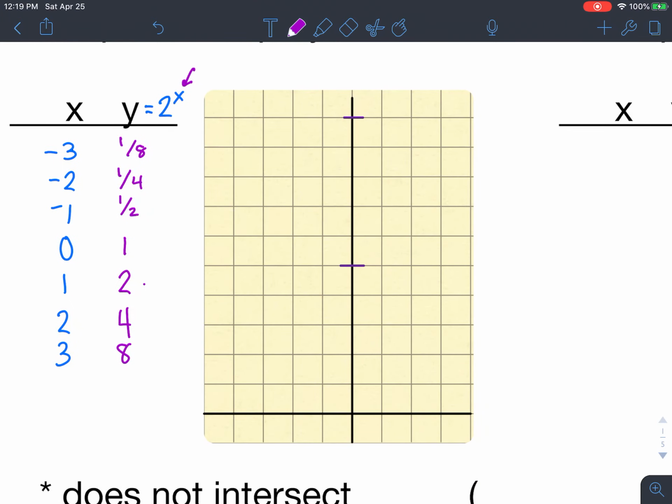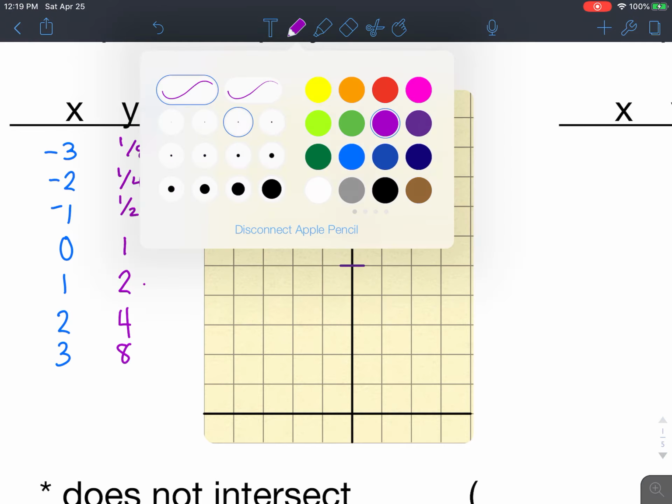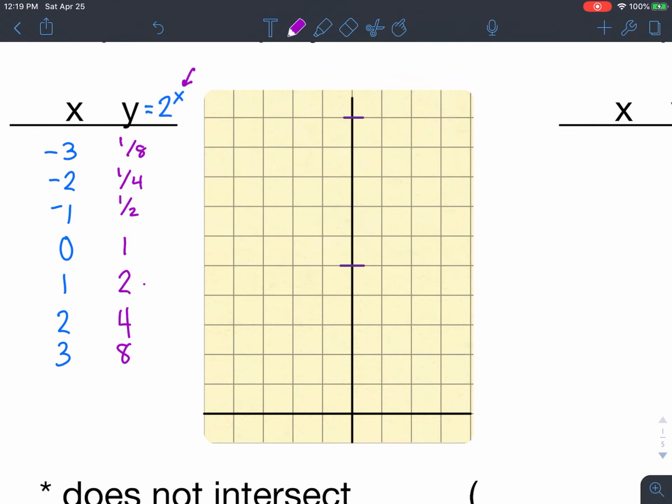Okay. So now we're going to plot these points over here on our graph. And just like I started the table with 0, 1, I'm going to start my graph with 0, 1 first. So here's 0, 1, 1, 2, 2, 4, 3, 8. And then I'll come back and do the negatives.